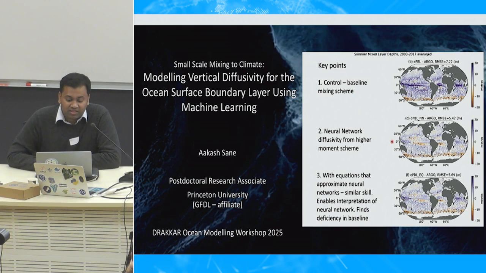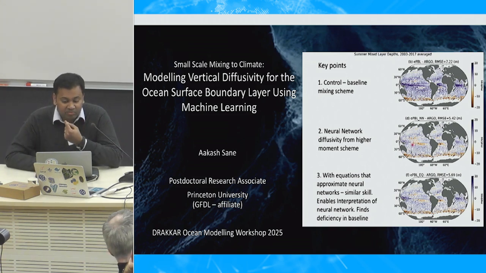So in my work, first I wanted to explore what happens if you bring in some complexity from a higher order moment closure into a coarse climate model. And I employed neural networks which learned the diffusivity from a higher order scheme. And I implemented that in MOM6, which is the ocean model used at GFDL.